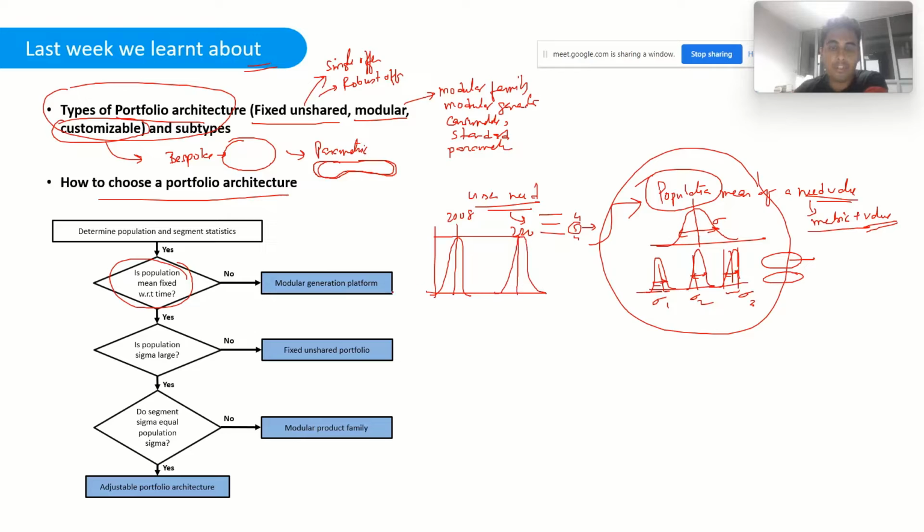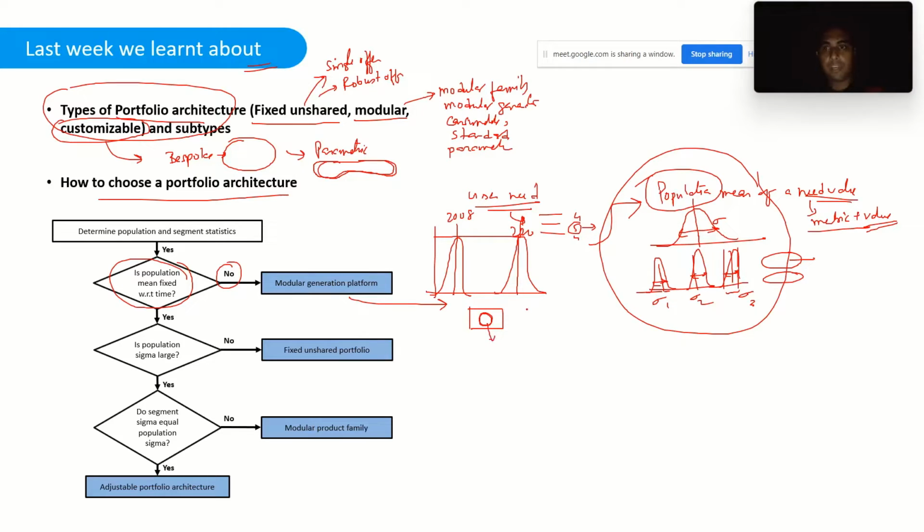So if you find that the population mean does not change, it remains the same, then you go for the next checkup. But if you find that there is a change in the mean value over time, then you go for modular generation architecture. That means within a product, for example a camera, the desire for a lens optical zoom can vary.